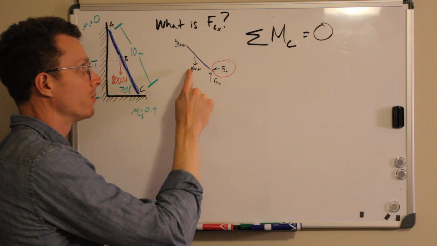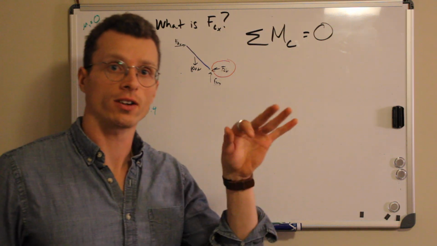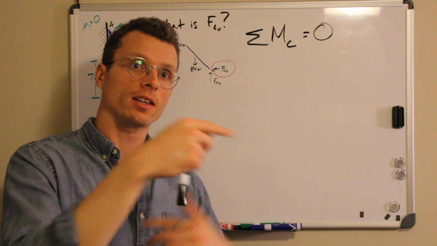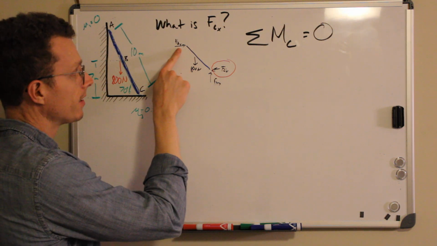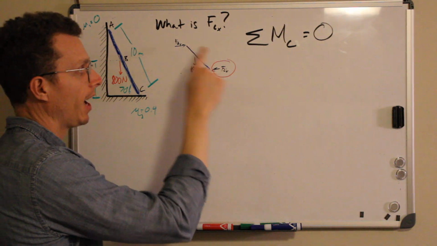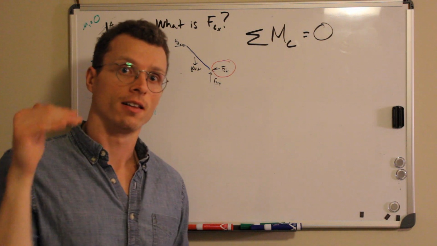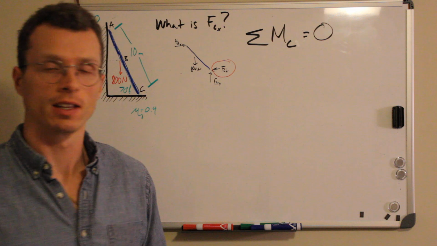But I know this 800 newton force and this A force in the horizontal direction are both going to contribute to the moment. And if I can get this force at A, then I know, opposite and opposing forces, the force at A has to be equal to the X force at C, just based on our free body diagram.